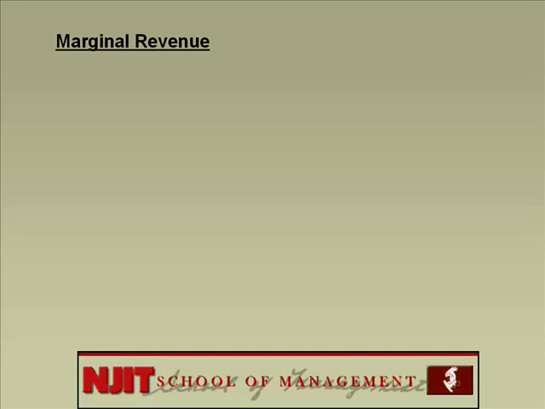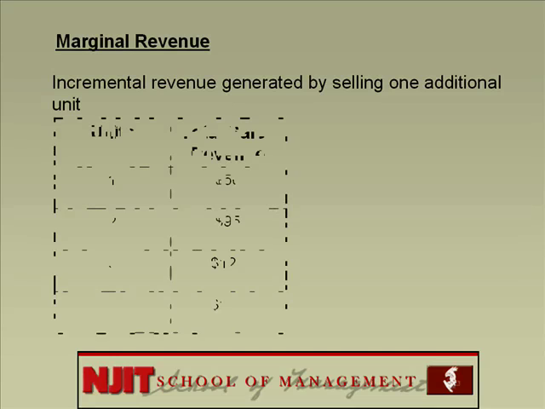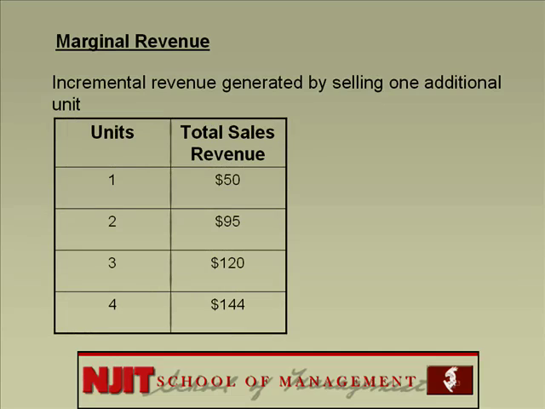Marginal revenue. The definition is it's the incremental revenue, that's the additional revenue generated by selling one additional unit. So, for example, see below. In this case, tell me what's the marginal revenue as you sell each unit.